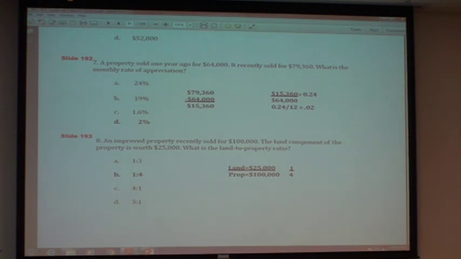If we said land to improvement is 1 to 2.5, and it's sold for $100,000, what is the land worth?